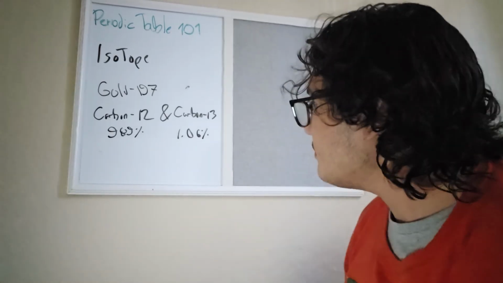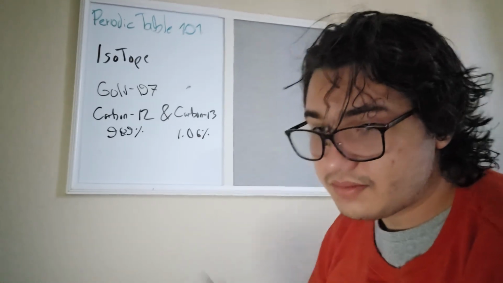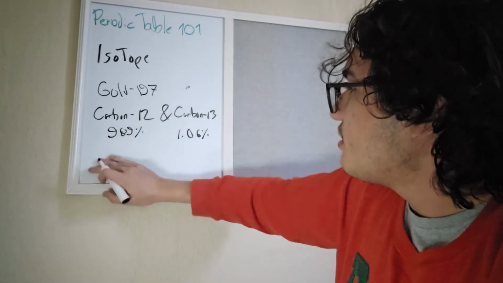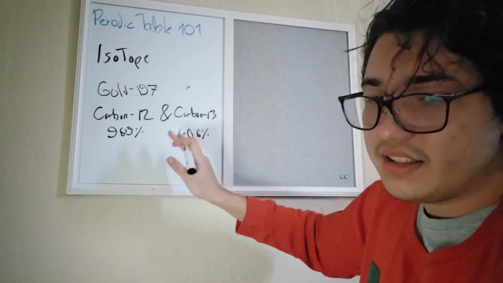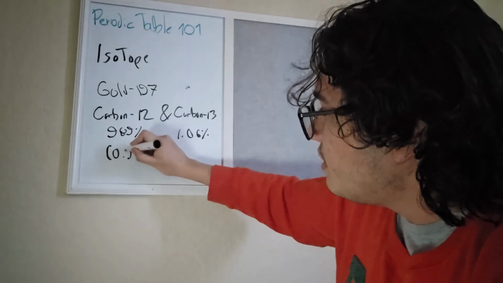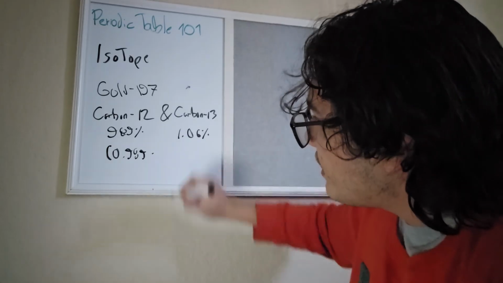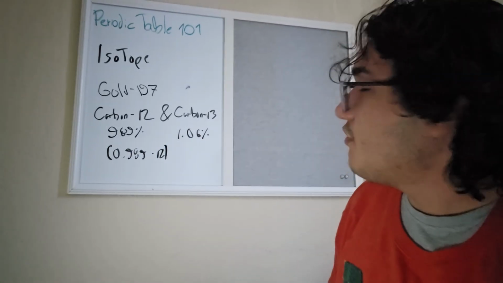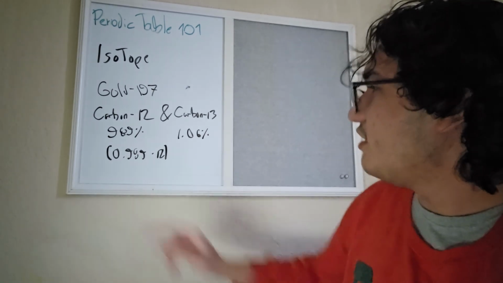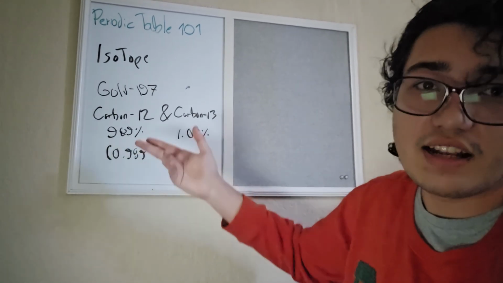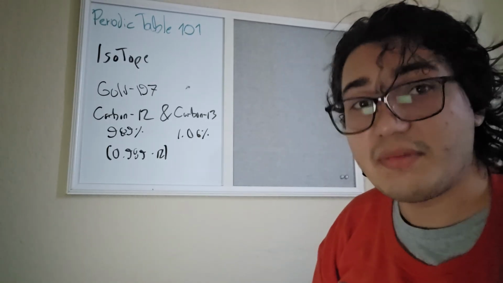So the equation to do is simple. Since we only have two, it's going to be really simple. We just, let's see, 0.989 times 12. Now, if you've taken statistics, you probably know this, but percentages don't actually look like this when you're using them for math.